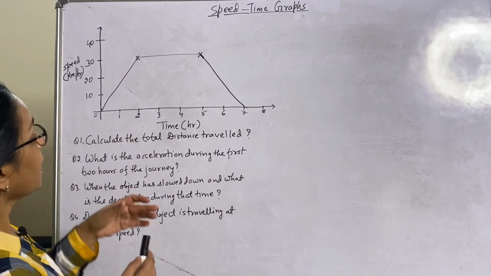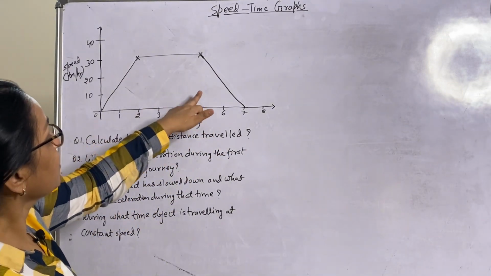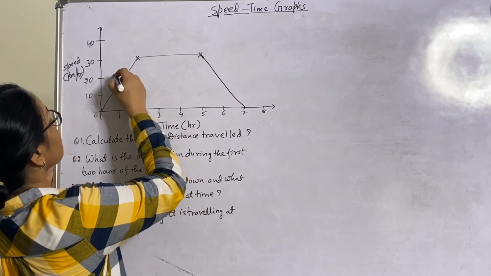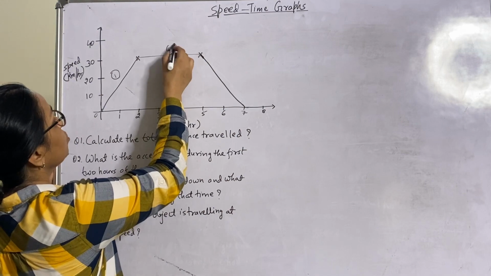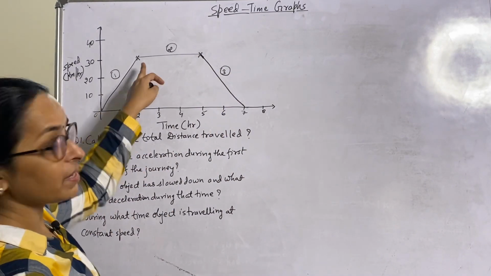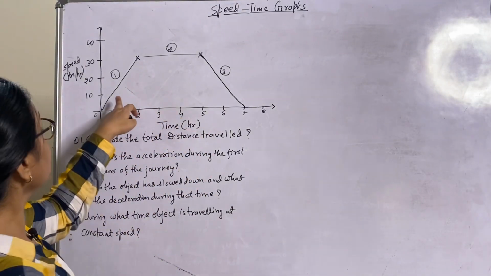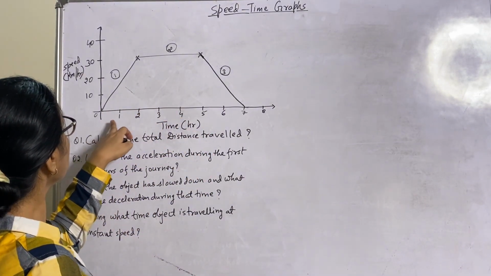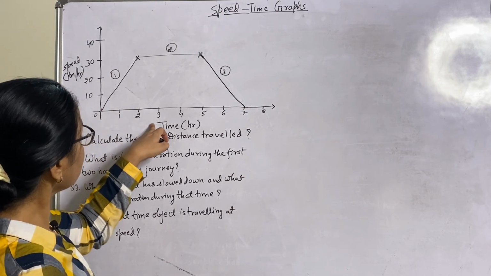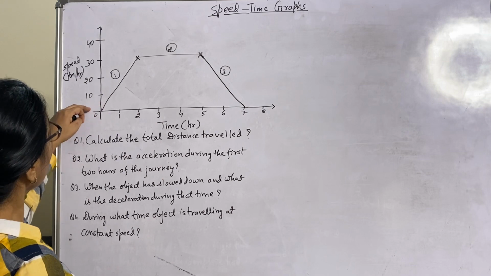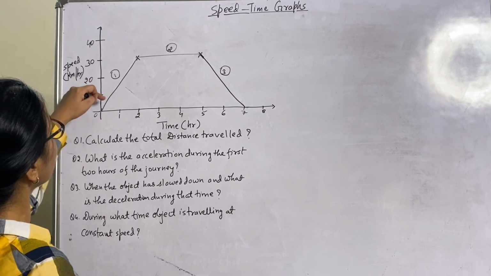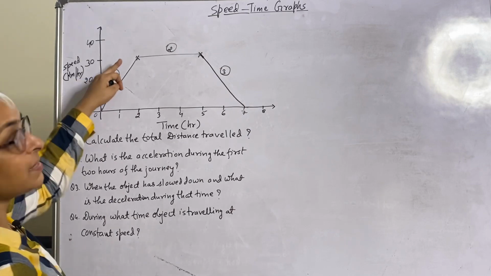Now again, in this speed-time graph, our graph is divided into 1, 2 and 3 sections. In the first section, say from 0 to 2 hours, as we are moving on the x-axis, we are moving on the y-axis also. See here, the value is increasing, speed is increasing.